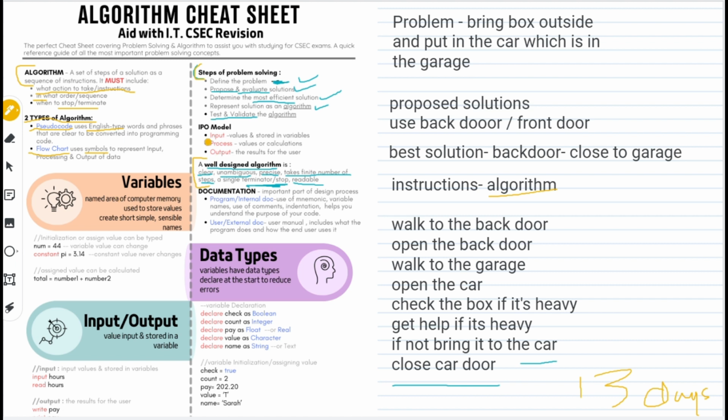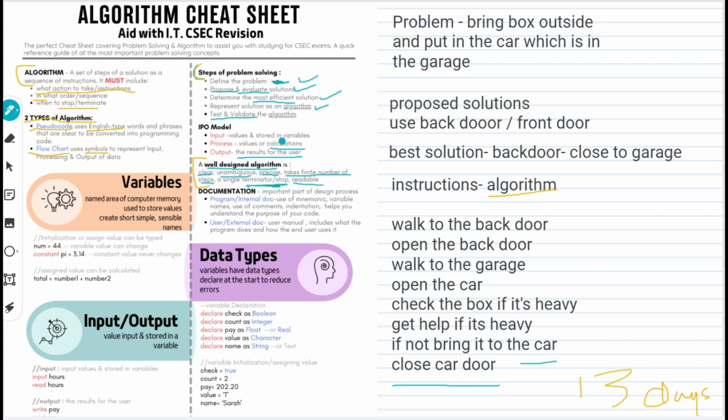Inputs are going to be what values you're going to store, processing is what calculations you're going to perform, and output is going to be what results you're going to give to the user. Remember, we're talking about computing.